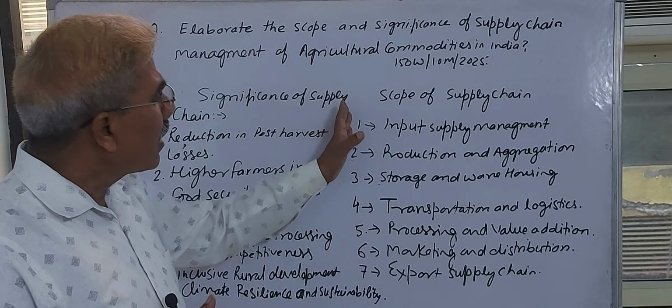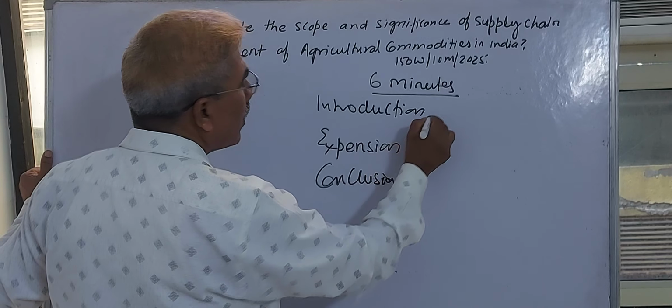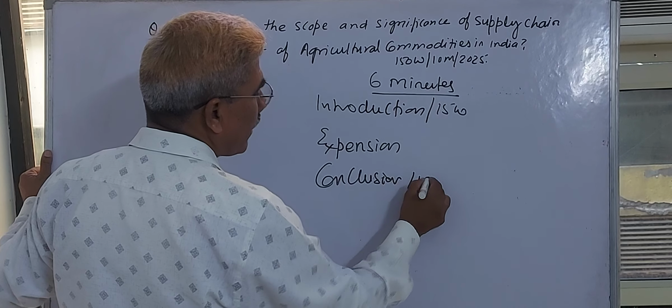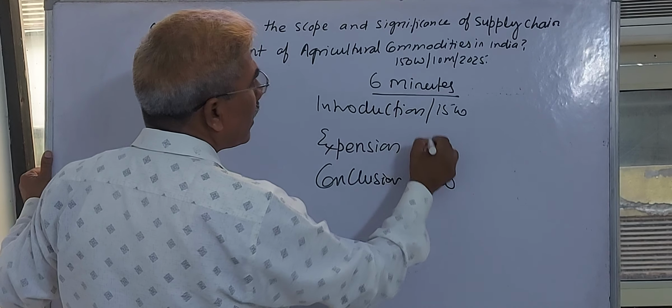Introduce the scope and significance of supply chain within 15 words. Explain in two parts as I have coded: introduction, expansion, and then conclusion, because you have to write this question in 6 minutes, not more. 15 words, 15 words, and 120 words in 2 paras.